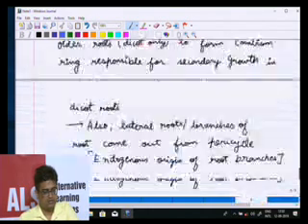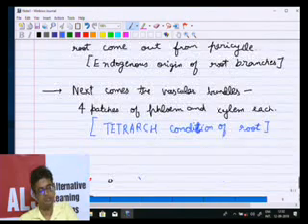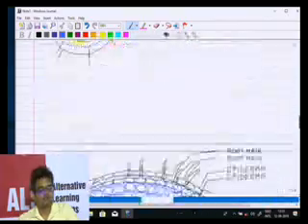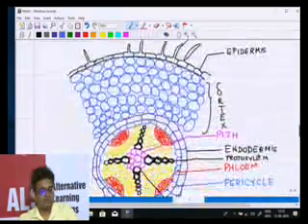So now what I have to do? I have to now complete the transverse section of monocot root. Okay. So now it is going to be very easy for me. See how quickly I can draw the diagram now.